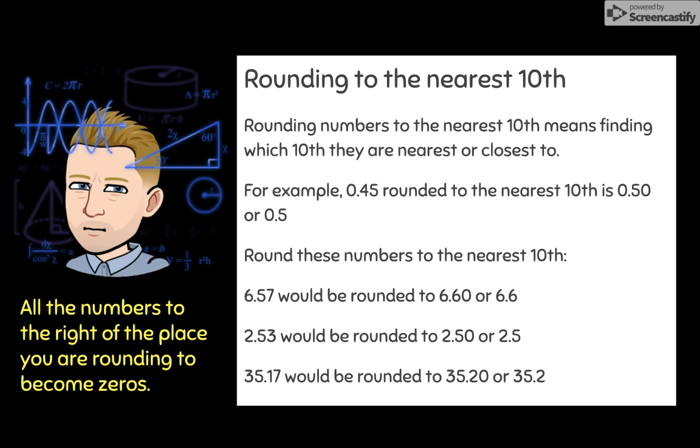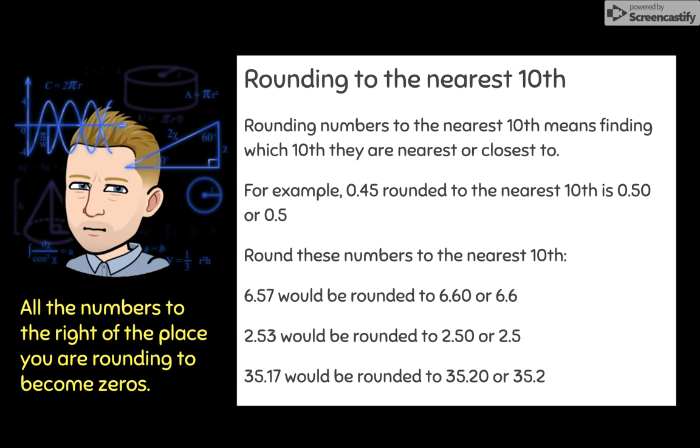Round these numbers to the nearest tenth. 6.57 would be rounded to what? Look at our hundredths column, because we're rounding to the nearest tenth. It has a 7 in it, which represents 7 hundredths, and that is closer to 6/10 than it is to 5/10. So 6.57 would be rounded to 6.6. What about 2.53?